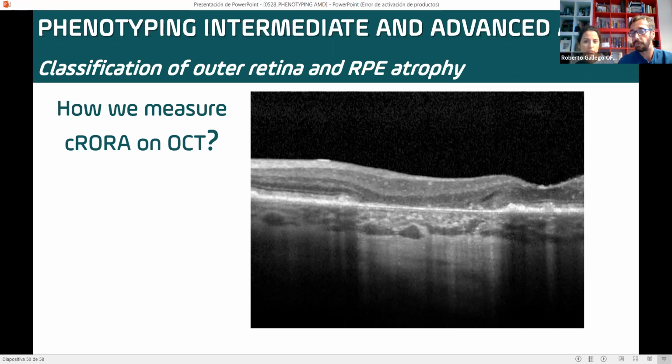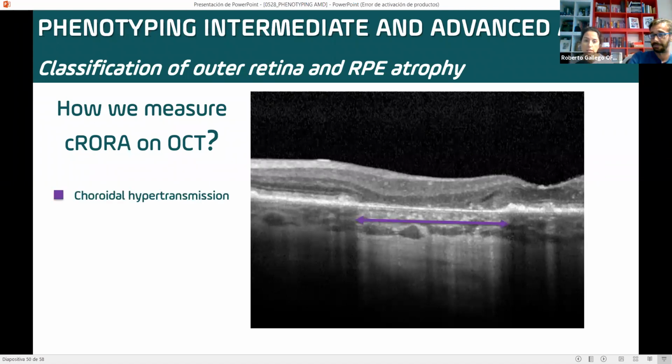Rosa, how do we measure C-RORA on OCT? Well, normally we see the hypertransmission on OCT, but it's true that there are other signs that we see, like the subsidence of the OPL or the loss of the external limiting membrane.